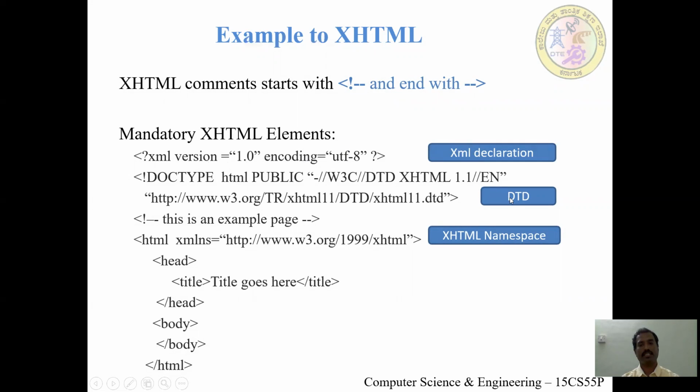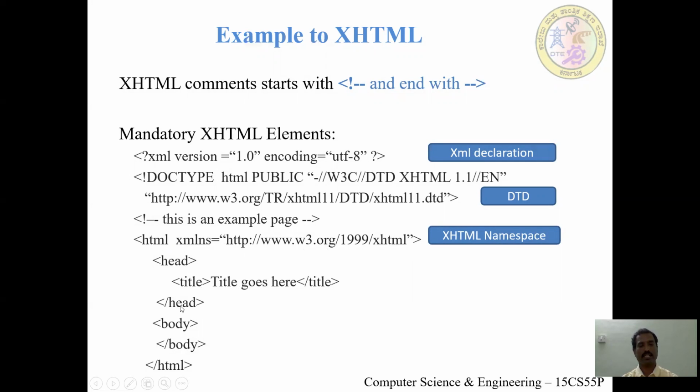Second statement is DTD, document type definition. Third statement, HTML tag. In the HTML tag, we need to define XMLNS attribute. That is, we need to give the namespace. We need to mention the path to the namespace. Fine. Then write the header tag. In the head tag, we need to mention the title tag.